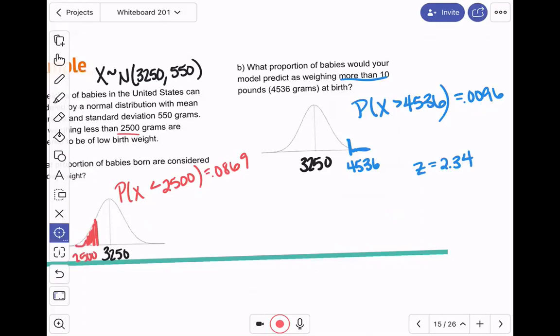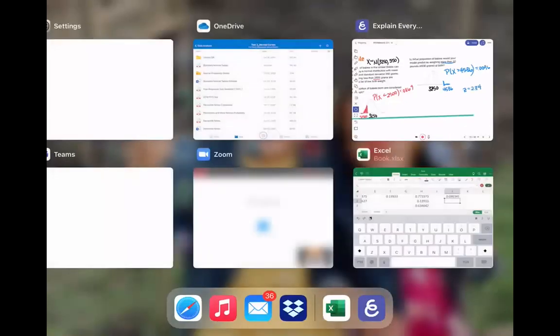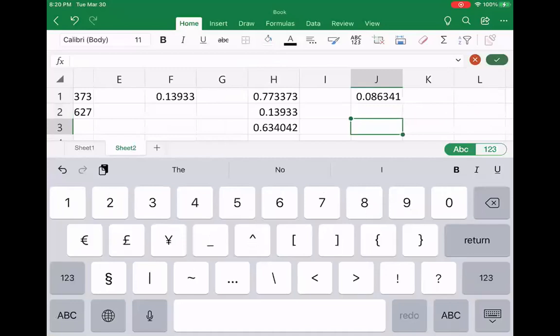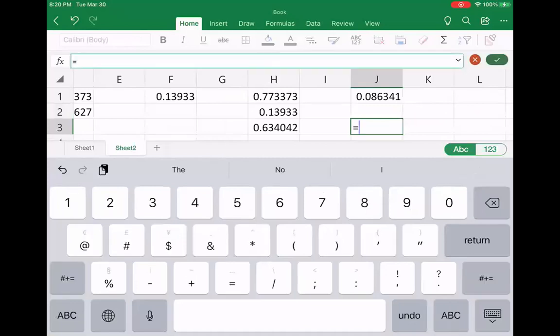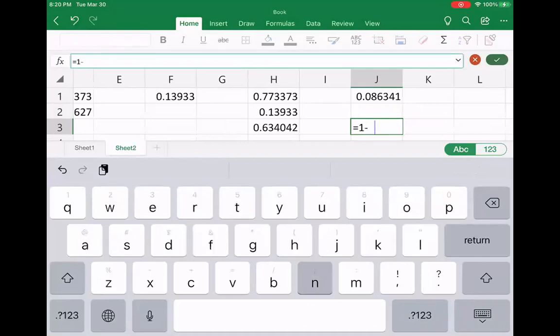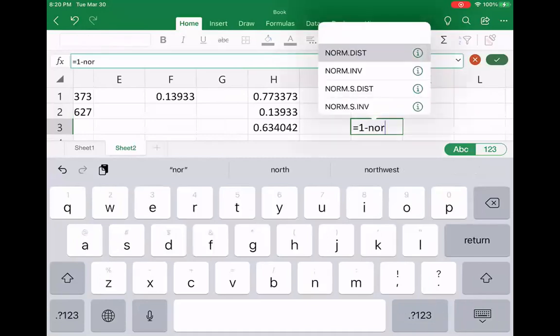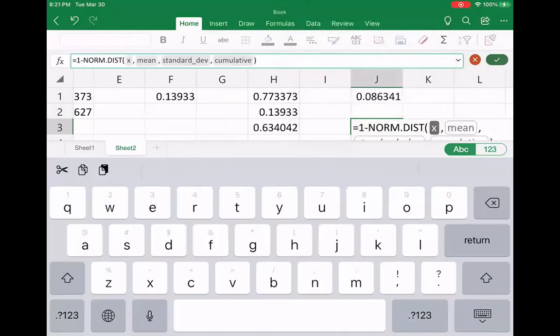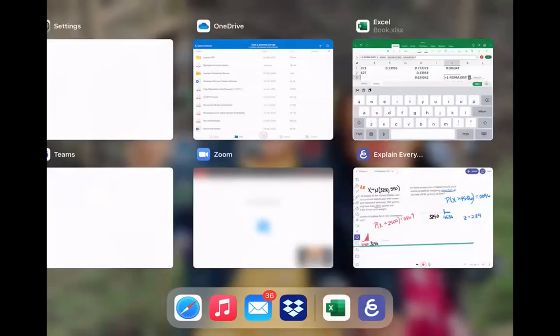Right. Or I can go to Excel again. In Excel, I just need to remember when I do this, I need to do 1 minus. So in Excel, it'll be equal to 1 minus norm.dist. X is, what was that number? 4,536.